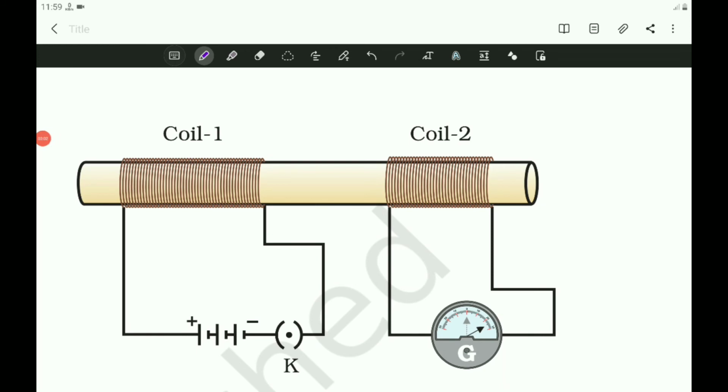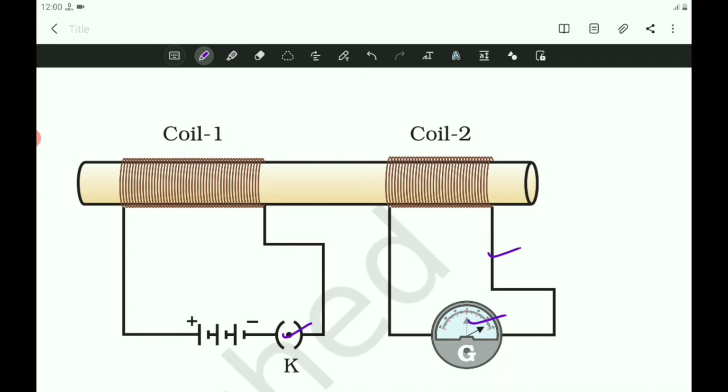Connect the second coil which is having less number of turns to the galvanometer through the conducting wire. Plug the key, insert the key and observe the galvanometer which is connected to the second coil, and you can observe the deflection in the needle of the galvanometer.